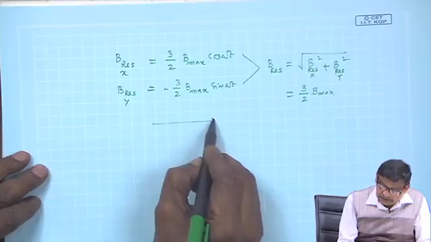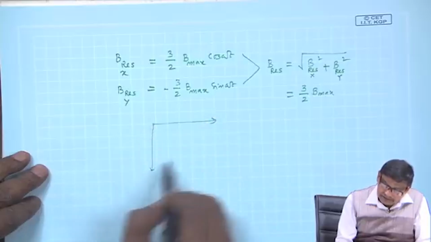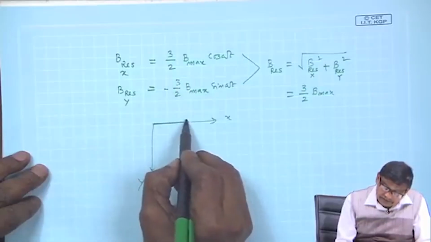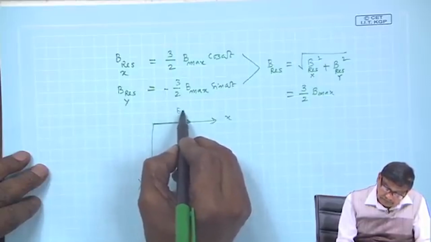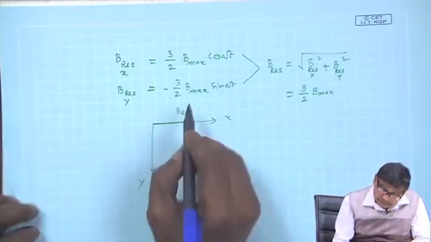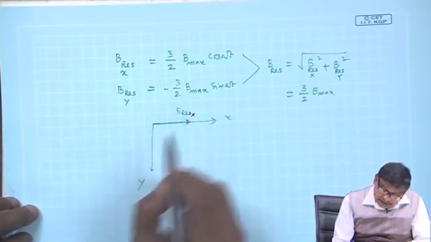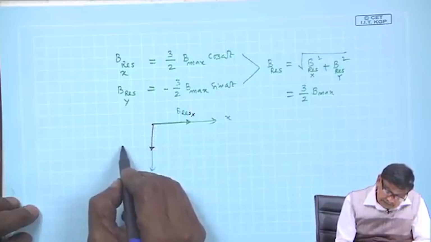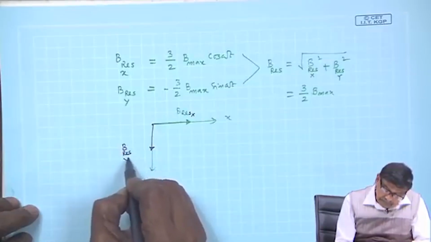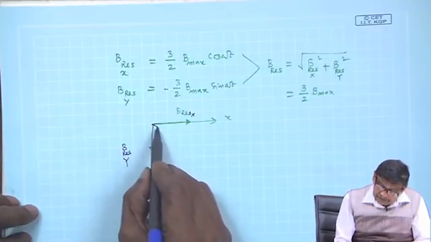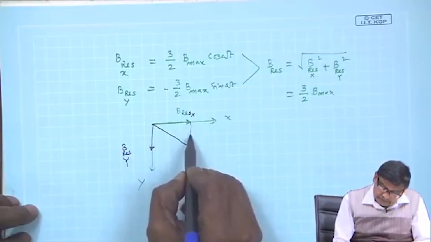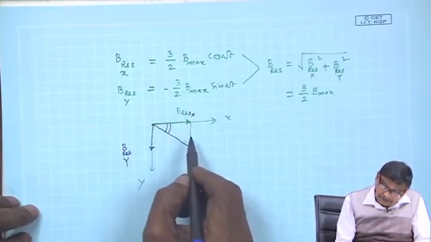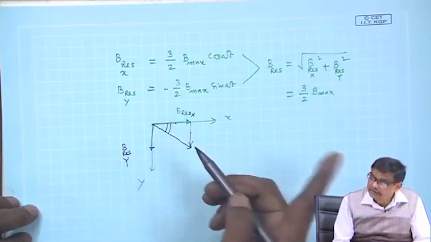My x axis was like this, my y axis was like that, and this was B resultant x, and this was my B resultant y, and the resultant is this. So, what is this angle? The resultant with B resultant x is this by this, tan inverse of that.